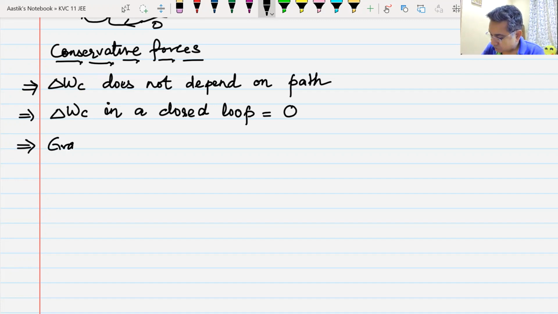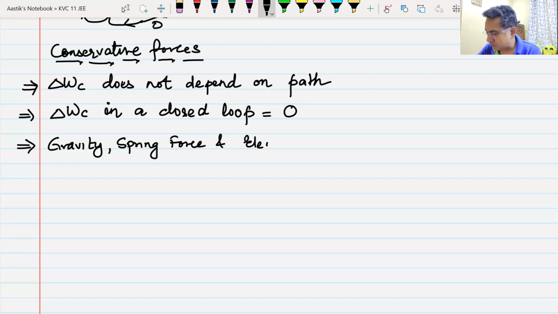Gravitational force, then spring force, and electrostatic force. These three forces are conservative, which we will come across. Gravity and spring force in this year, electrostatic force in the next year.